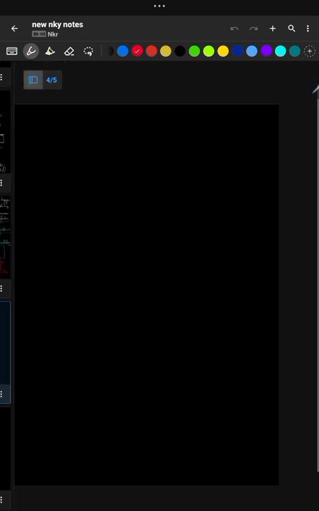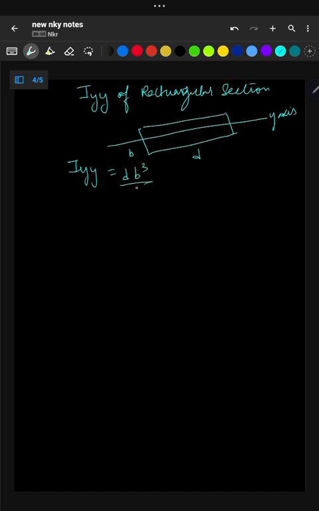How do we figure this out? Let me tell you. If we take Iyy of a rectangular section, with sides B and D, taking the area moment about the y-axis, Iyy equals dB cubed by 12.